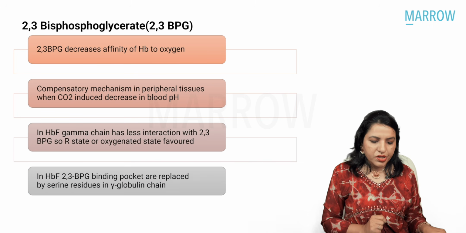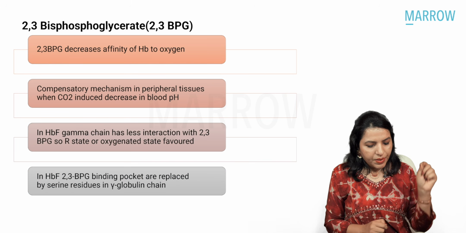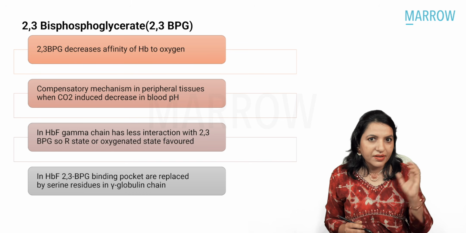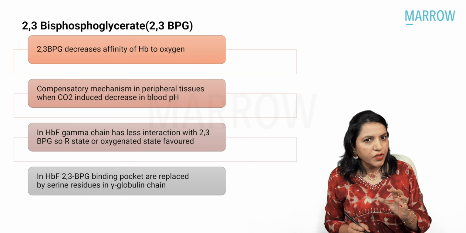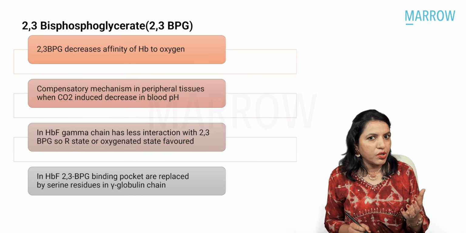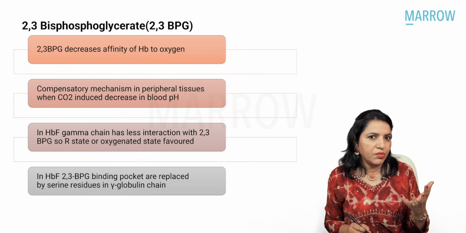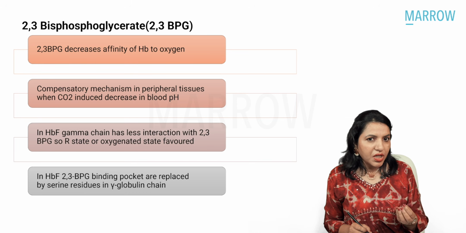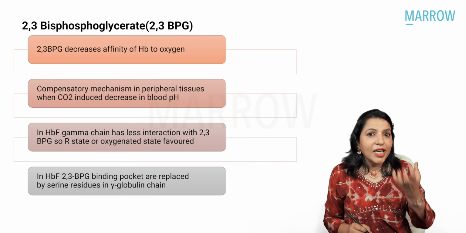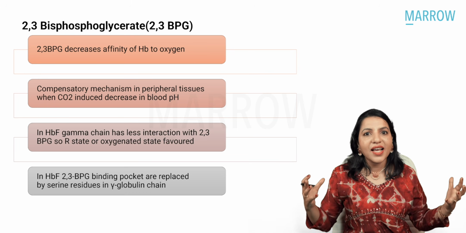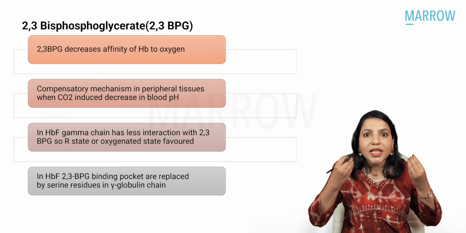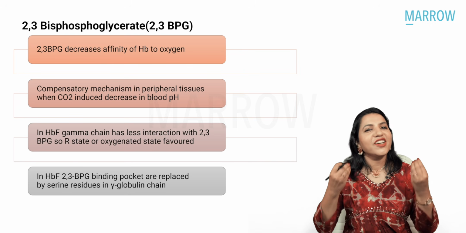So that is what is written here: the 2,3-BPG binding pockets are replaced by serine. So the interaction of HbF towards 2,3-BPG is less, which means it always keeps the hemoglobin in a relaxed state to breathe in more oxygen.